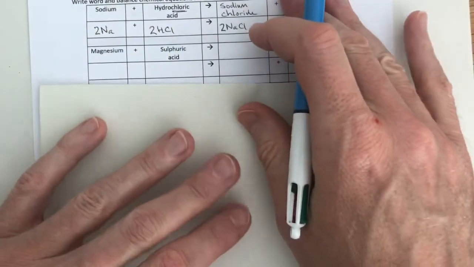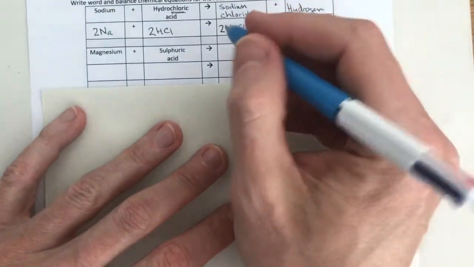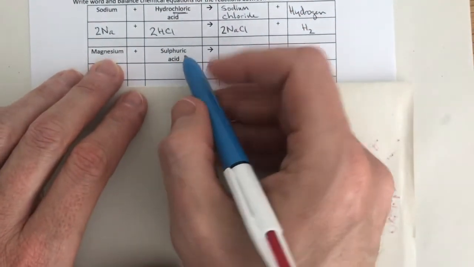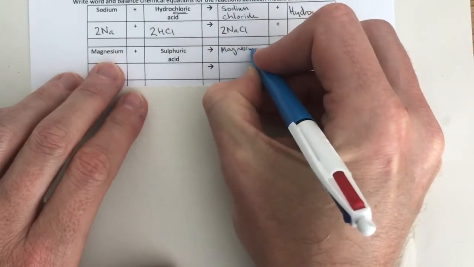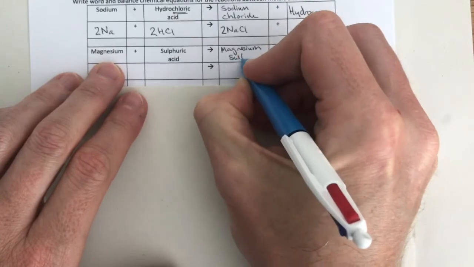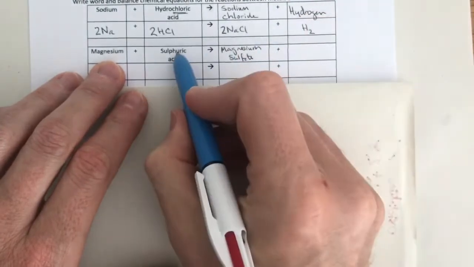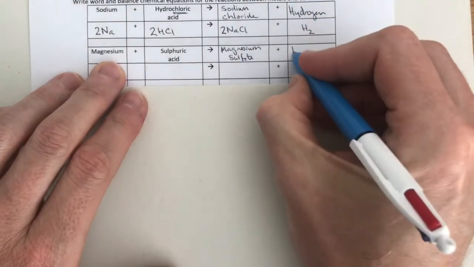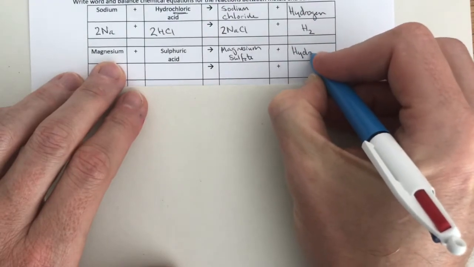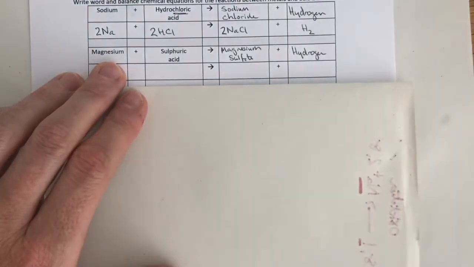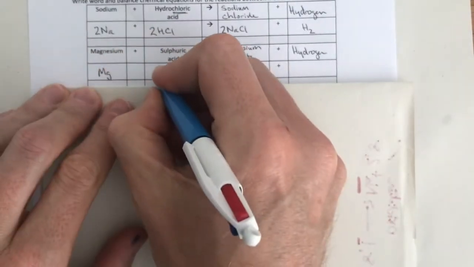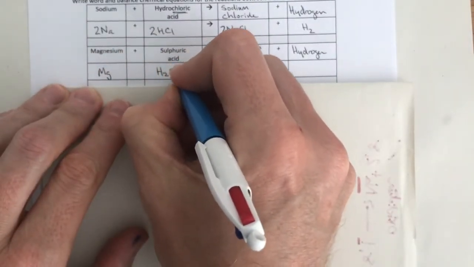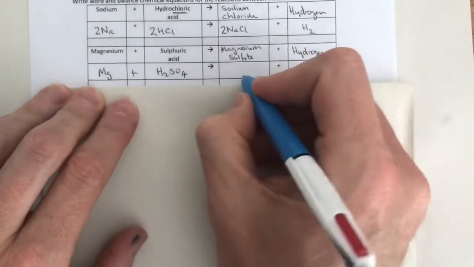Second one: magnesium with sulfuric acid. That's going to form magnesium sulfate. Sulfuric acid makes a sulfate, and as always, we get hydrogen being released. In terms of formulas, we've got Mg plus H2SO4.